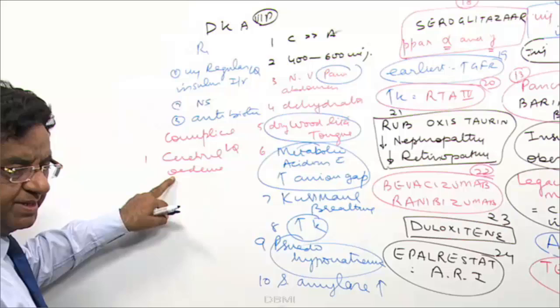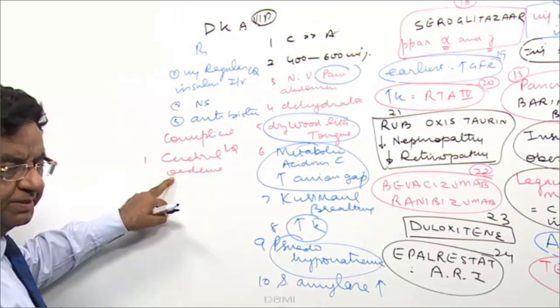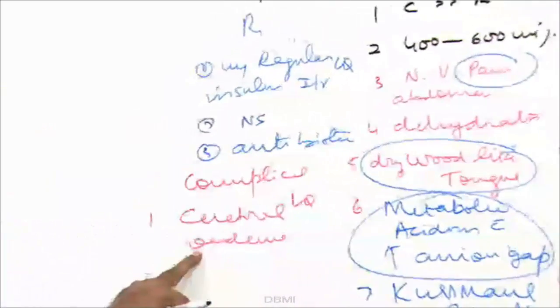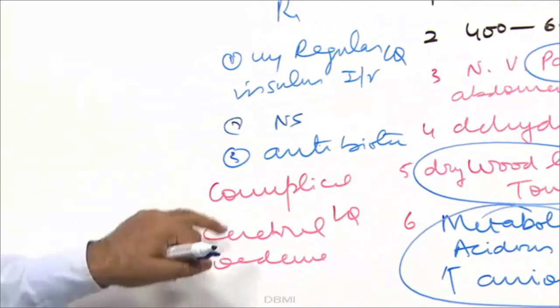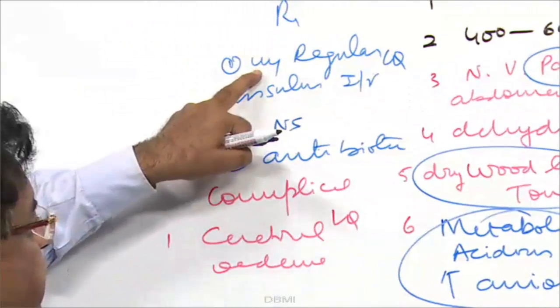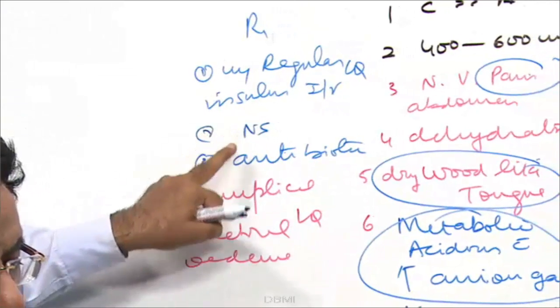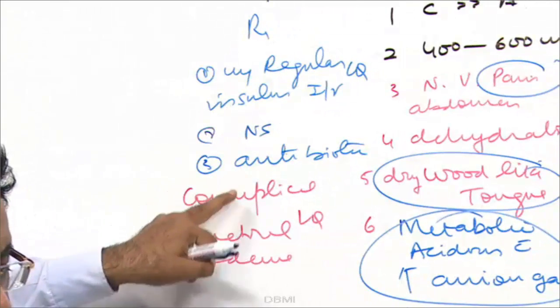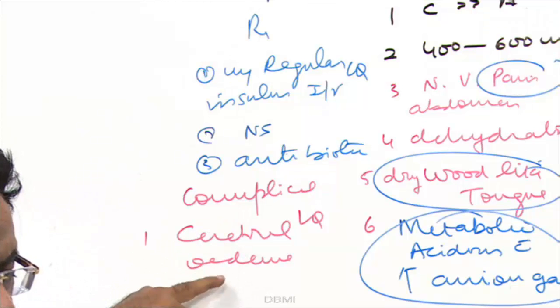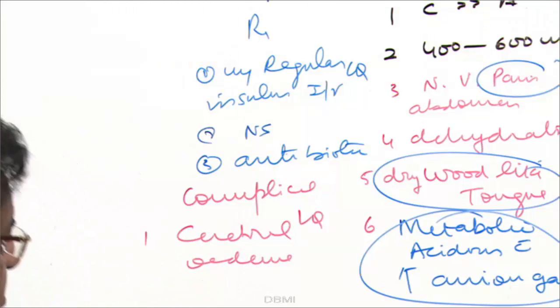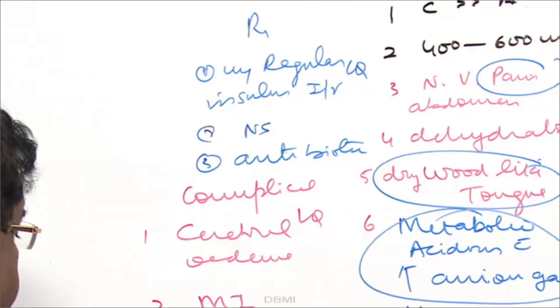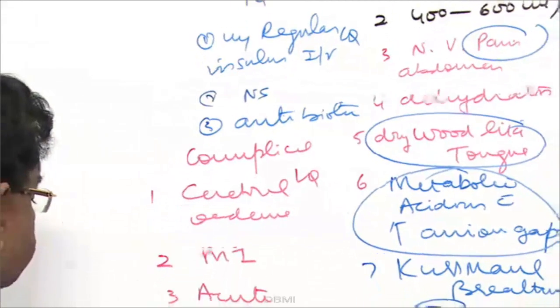Zoom in please, sir. So injection regular insulin intravenous, normal saline, antibiotic. In the complications, cerebral edema is the most dangerous complication. Otherwise, it can lead to MI also. It can lead to acute gastric dilatation.